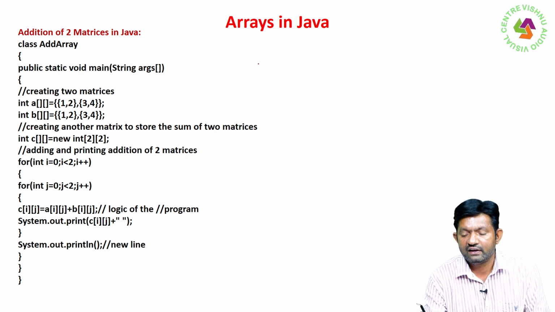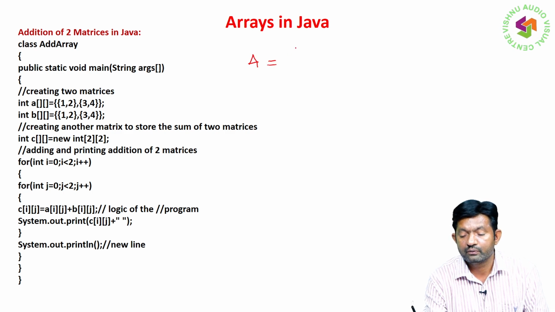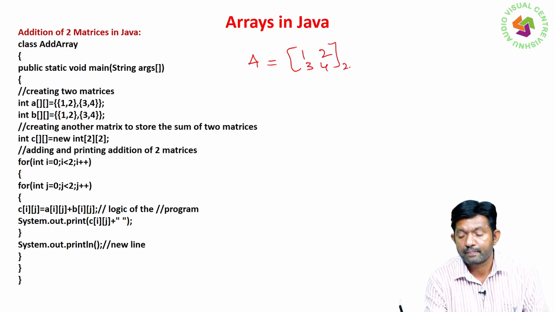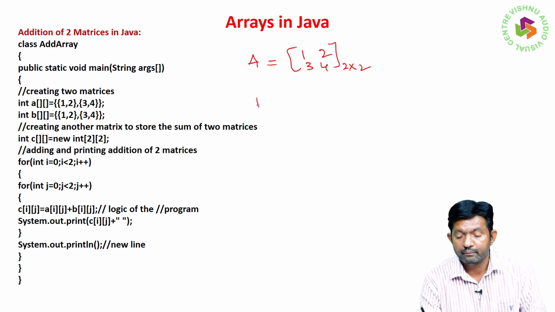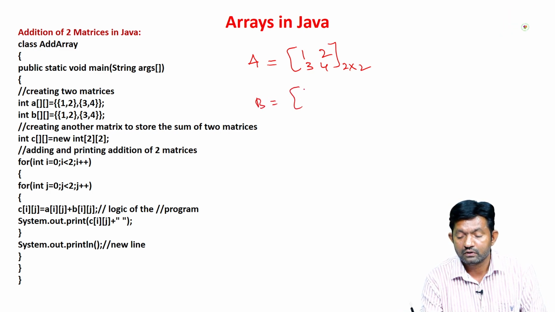First of all, I will explain the rule behind how to add two matrices. B is equal to, again I will write 1 2 3 4, 2 by 2.